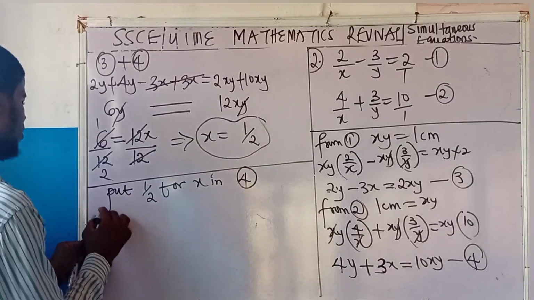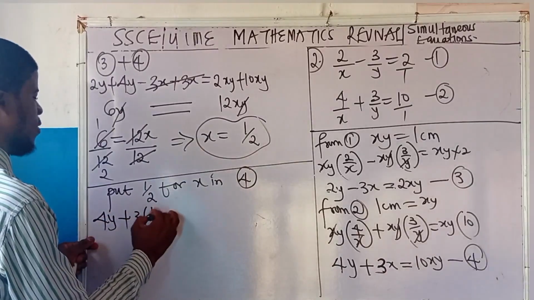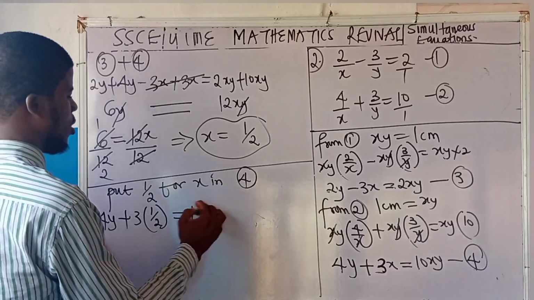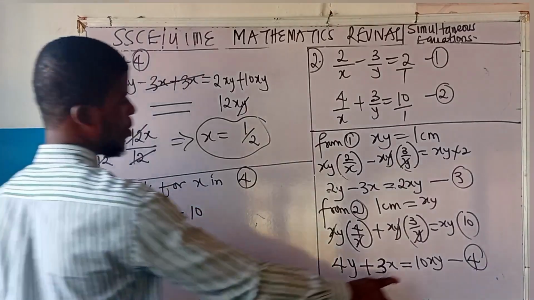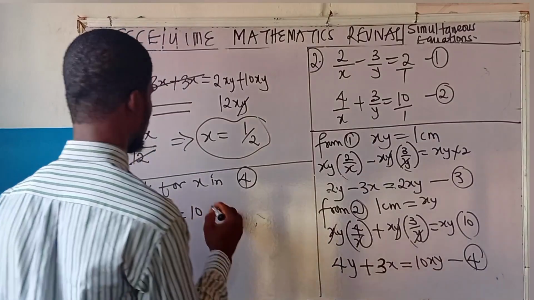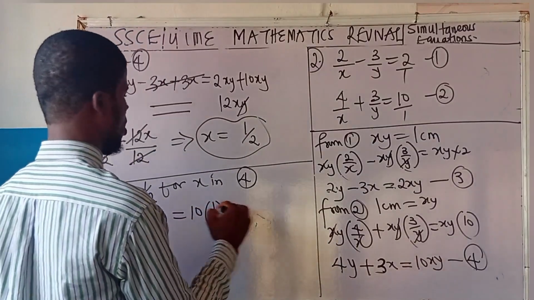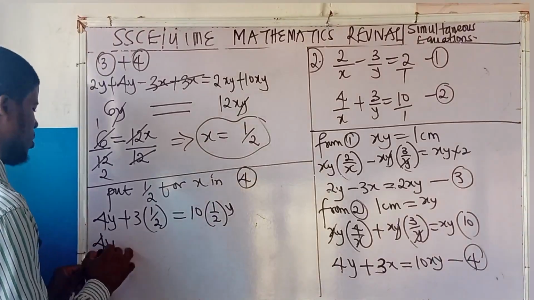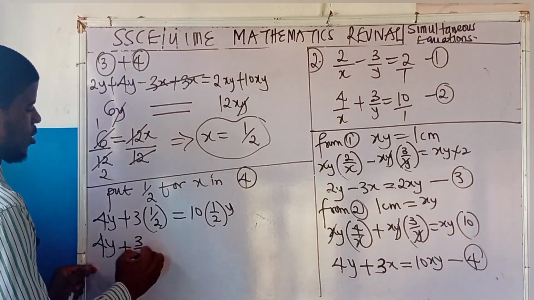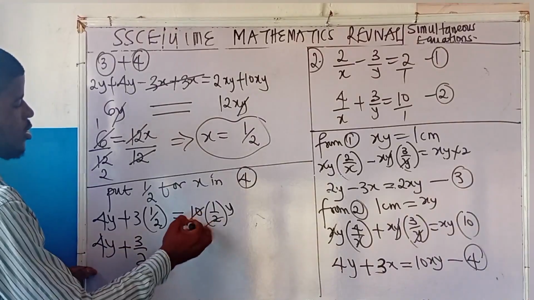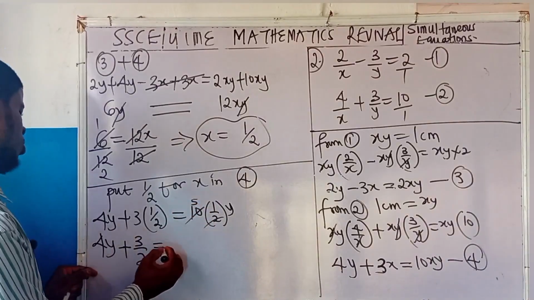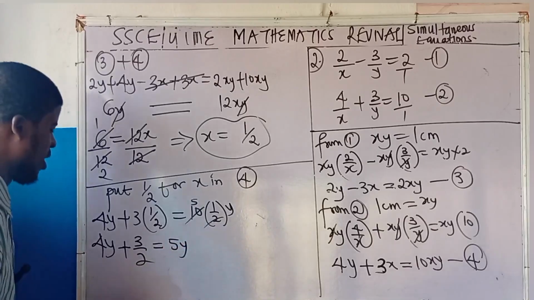If I see x here, I'll write 1 over 2. So this is 4y plus 3 into 1 over 2 equals 10. Okay, I'll be writing 1 over 2 here also. 1 over 2 times y. This is 4y plus 3 over 2. 2 here is 5, so this is equals 5y. Collect like terms, alright?